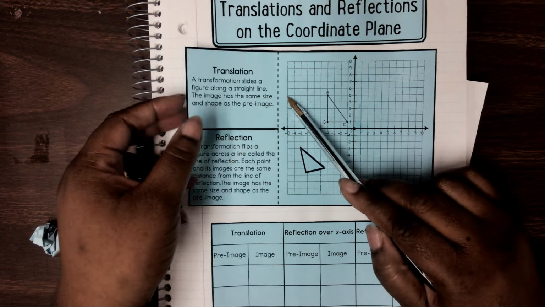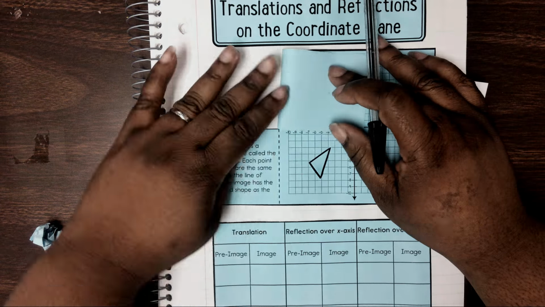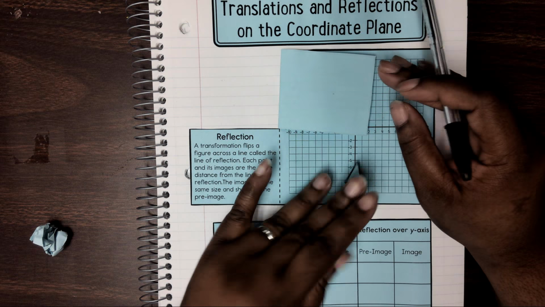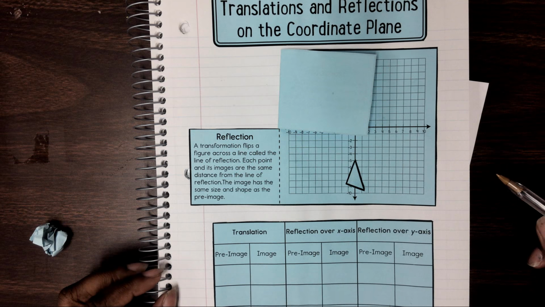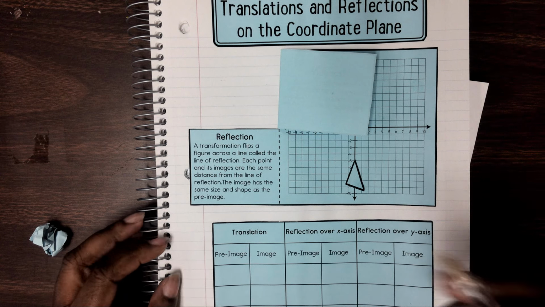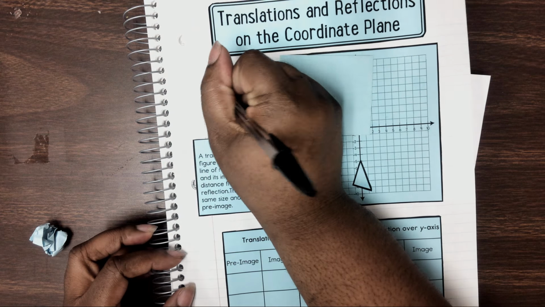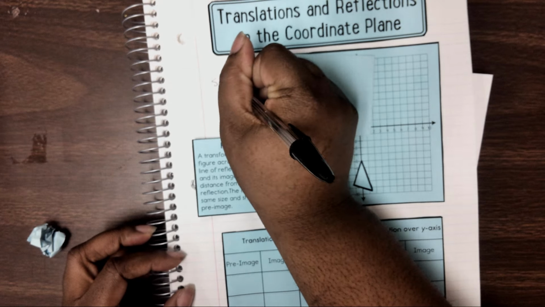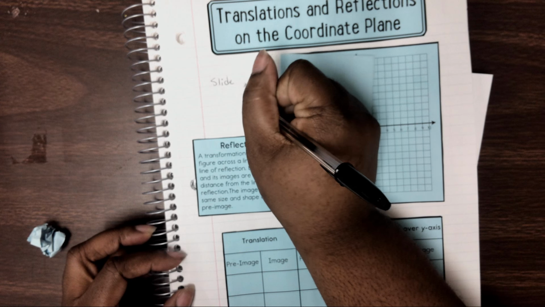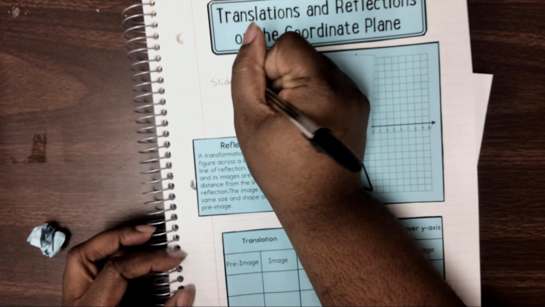Alright, in regards to the information that we're going to place underneath the flap, what you're going to do is you can go ahead and fold it back, like so. And we're going to write some information underneath. And again, the key thing is that it's a slide, so it will move up and down on the y-axis.